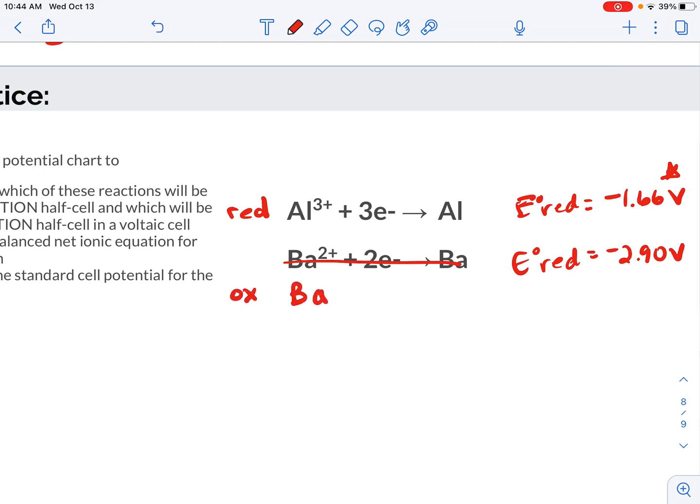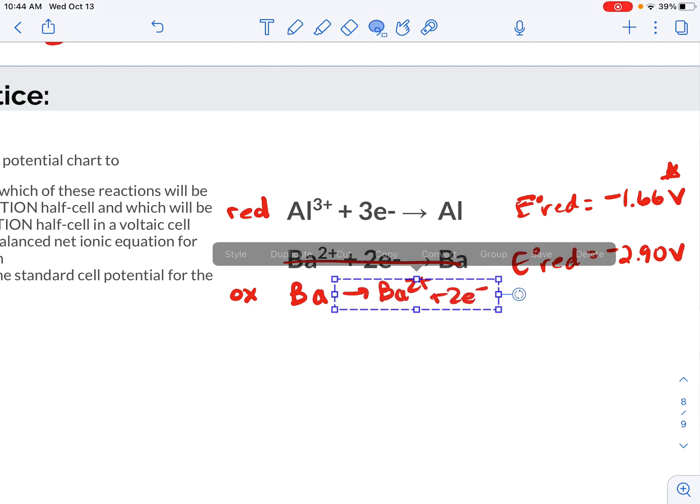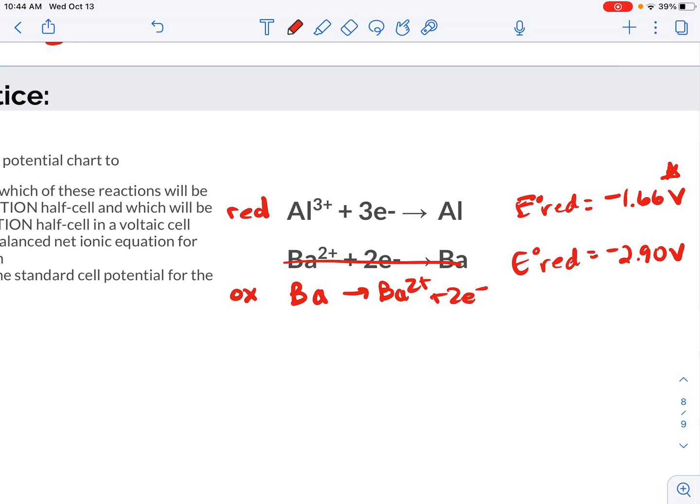So I'm going to rewrite it. Ba forms Ba2+ plus 2 electrons. And I'm going to then write the oxidation potential as the reverse sign of this, so positive 2.90 volts. And now I have 2 halves of a reaction.